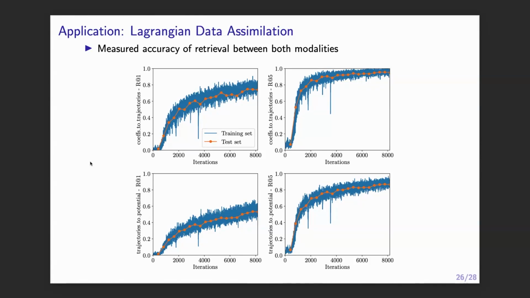These are accuracies on the y-axis. The one thing I want to highlight is that you'll observe it is much easier to retrieve tracer positions from velocities than it is to retrieve velocities from tracer positions. This is expected because the latter is definitely a harder inverse problem. You can see that directly in the retrieval accuracy as a function of the training of these models.